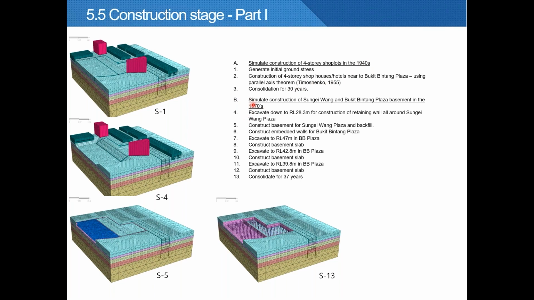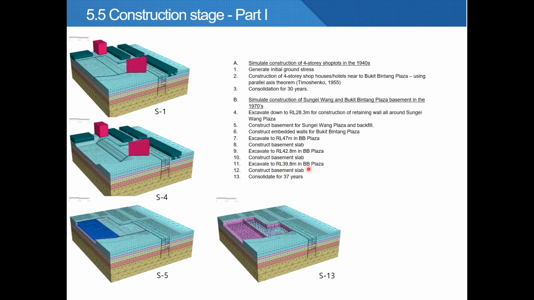We then simulate the open excavation for the 2-level basement that has a shared wall with this redevelopment. This is a bottom-up construction. We then simulate the existing 2-level basement excavations using the top-down construction method and consolidate the ground for 37 years.